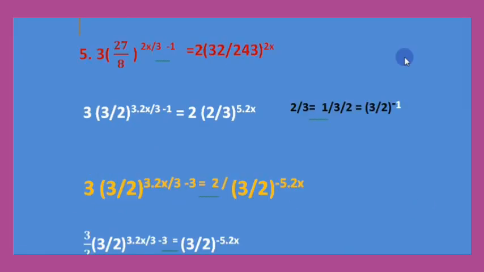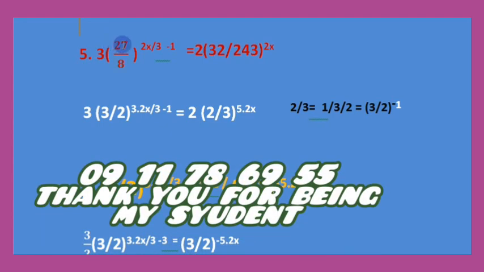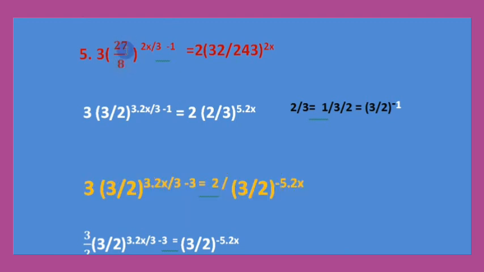Question number 5 says 3 times 27 over 8, the power of 2x over 3 minus 1, equals 2 times 32 over 243, the power of 2x. Now, the bracket side, let us factorize it. 27 over 8 means 3 to the power of 3 over 2 to the power of 3, which means 3 over 2 the power of 3.